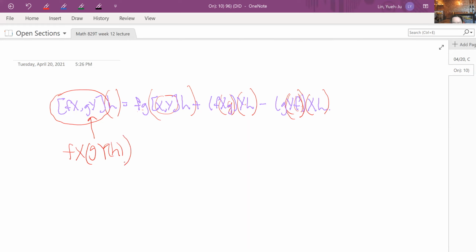And then you minus gy acting on f times x acting on H. Then you need to do some product rule and all that, and then you're going to see.